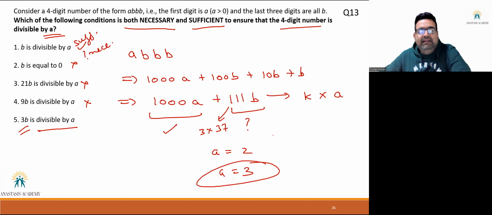If A is 3, even if B is 5, 111B will still be a multiple of 3, not because B has a 3, 5 doesn't have a 3, but because there is a 3 inbuilt in 111. So I don't need B to be a multiple of A.